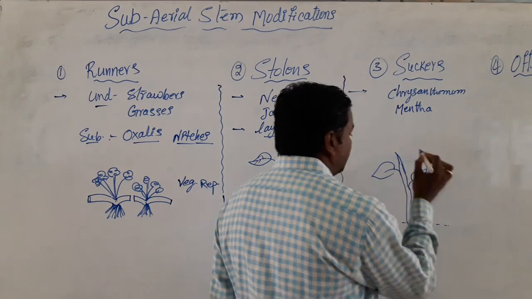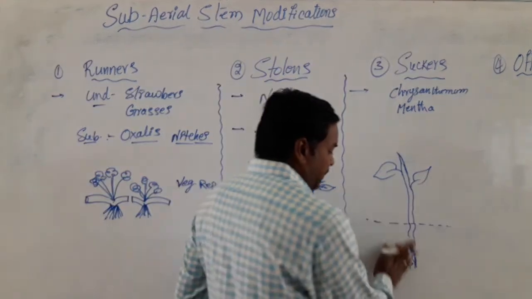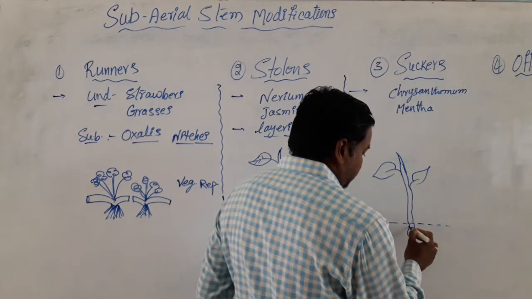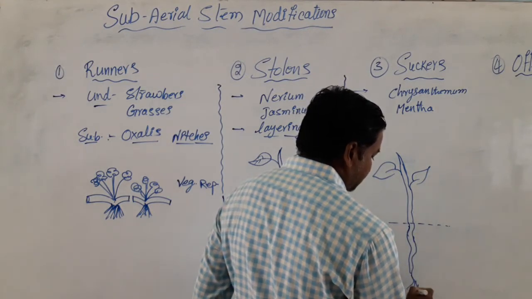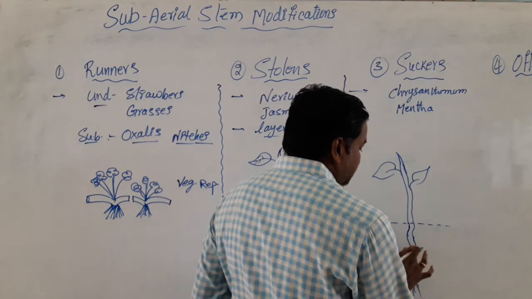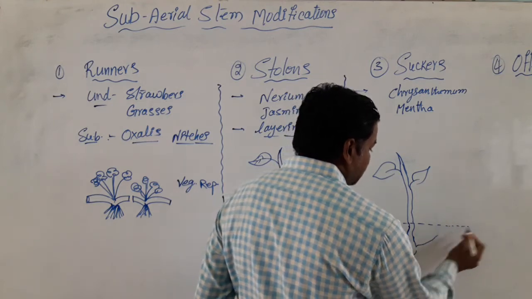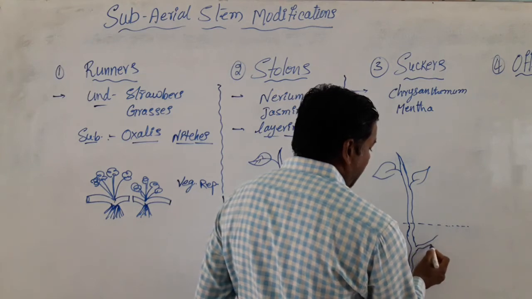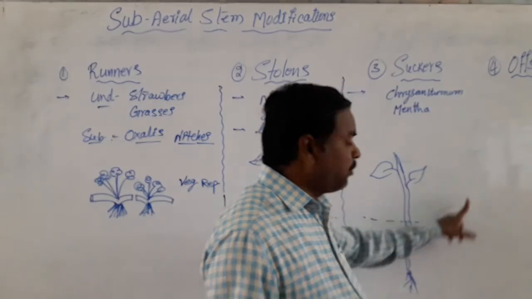Some branches which develop from the underground part of the stem grow obliquely in an upward direction.